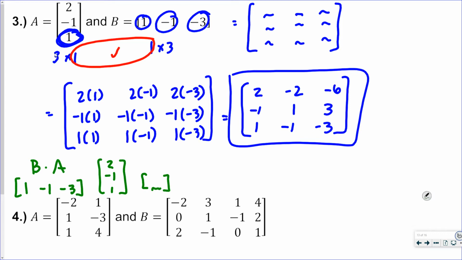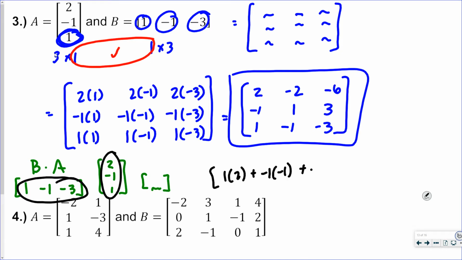So you would take row 1 times column 1. So you would do 1 times 2 plus negative 1 times negative 1 plus negative 3 times 1. So that's actually 0. Cool, right?